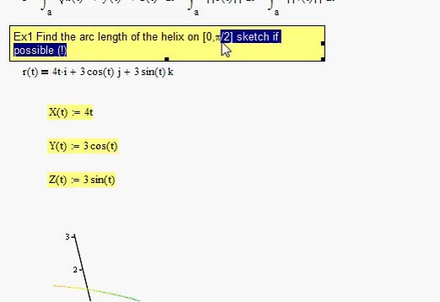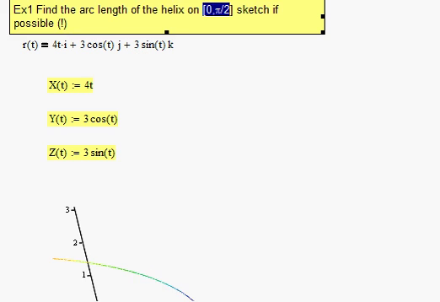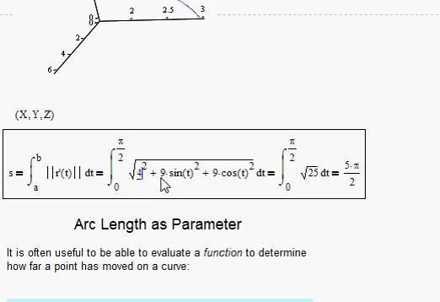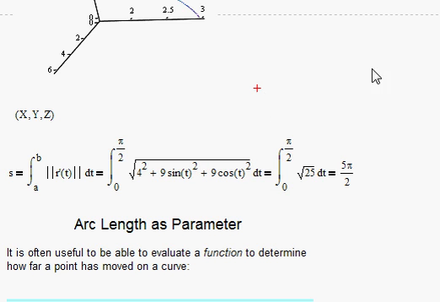So we want to find the arc length on 0 to pi over 2 for this function, so what I need to do is integrate between 0 and pi over 2 the length of r prime. R prime is 4i minus 3 sine of t j, plus 3 cosine of t k, but the length of that r prime is the square root of 4 squared, plus negative 3 sine of t, the quantity squared, so 9 sine squared of t, and then 9 cosine squared of t.